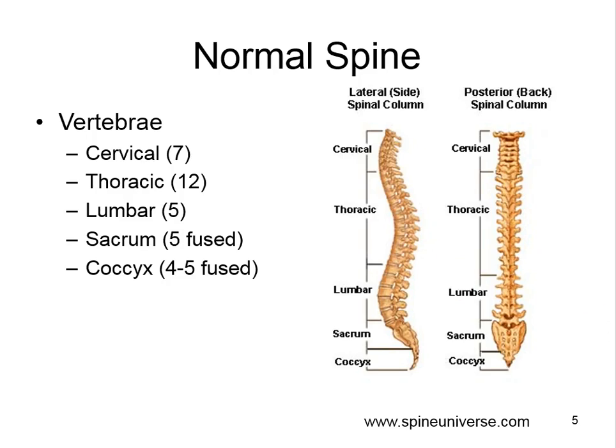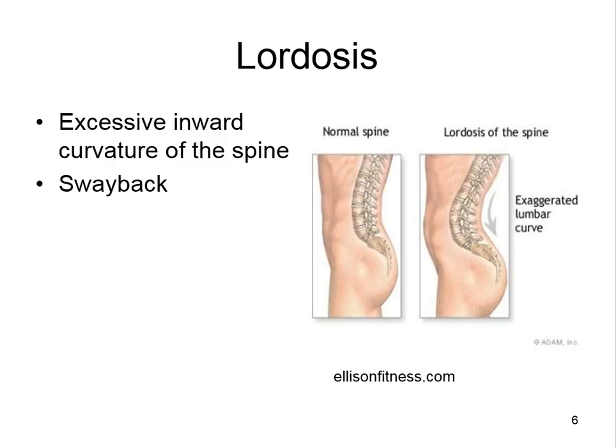Now, let's talk about lordosis. There's an excessive inward curvature of the spine. It's also called swayback. Lordosis differs from the spine's normal curves at the cervical, thoracic, and lumbar regions. The spine's natural curves position the head over the pelvis and work as shock absorbers to distribute mechanical stress during movement.